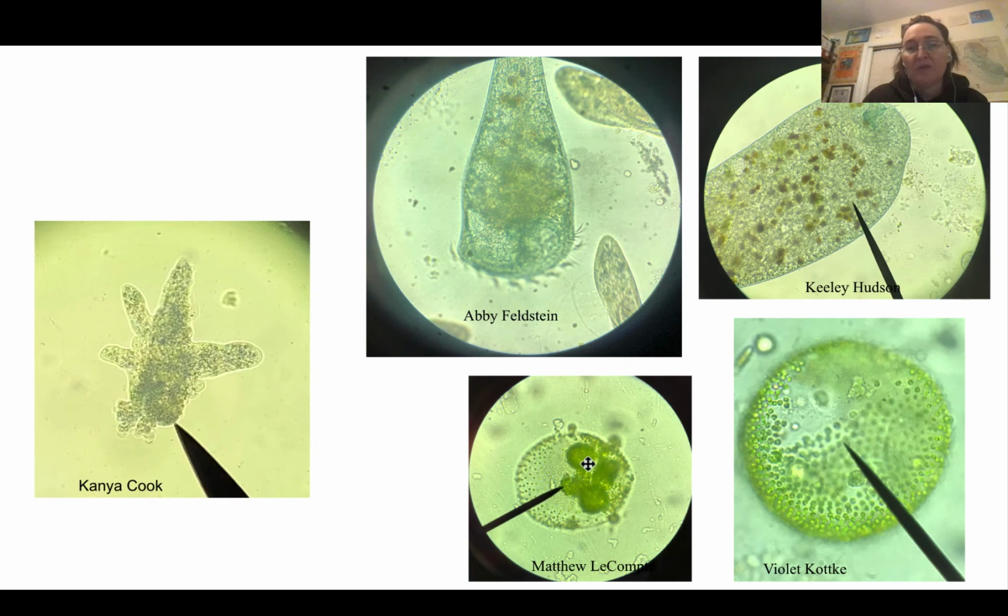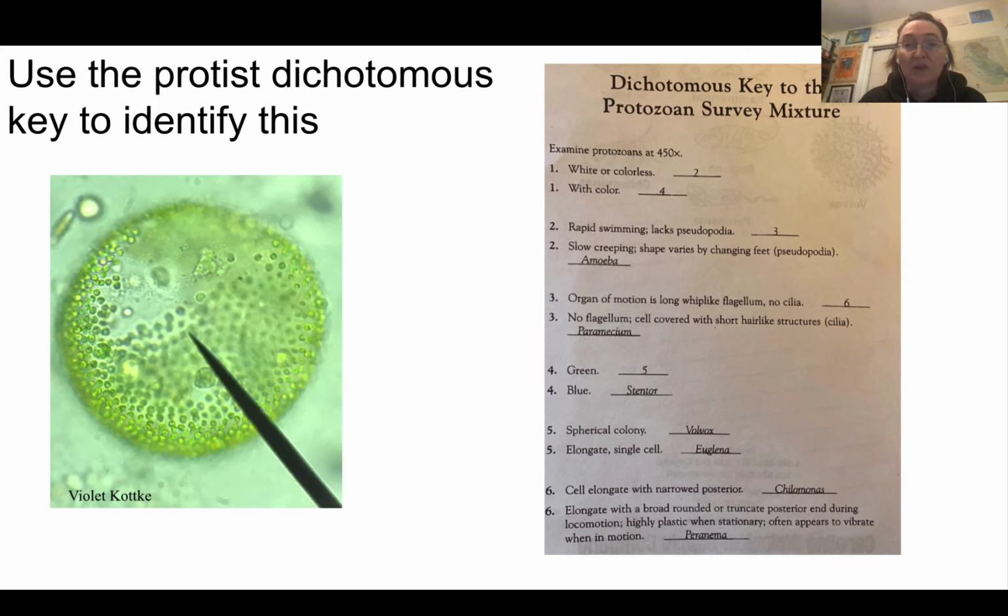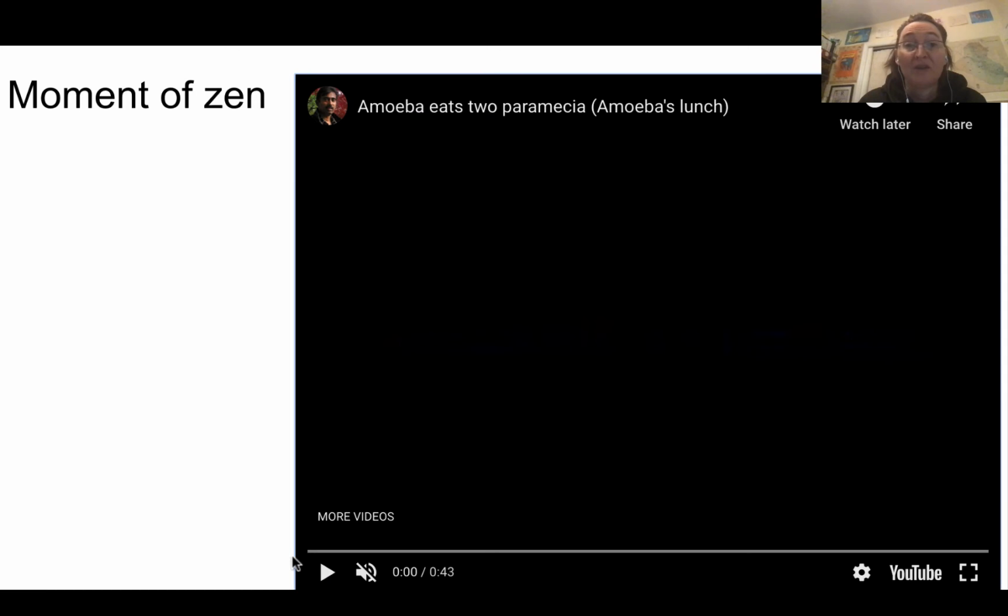That often happens when the sphere pops open and these smaller spheres roll out and roll around on their own. So that's how you use a dichotomous key. In the next activity, after this video, you're going to employ this dichotomous key on another example in order to identify it. So we're going to finish talking about protists with a moment of zen, perhaps, of one protist gobbling up some others.